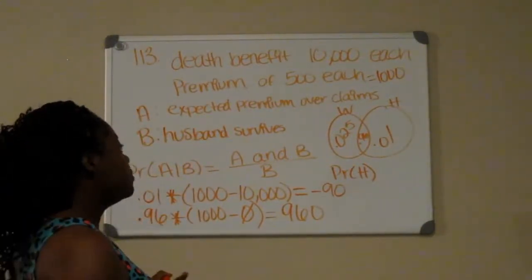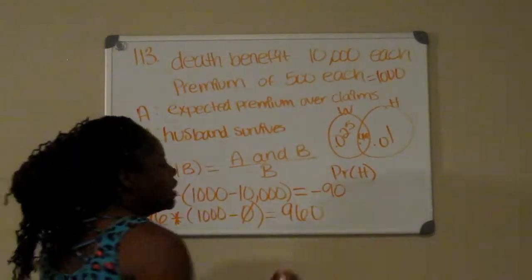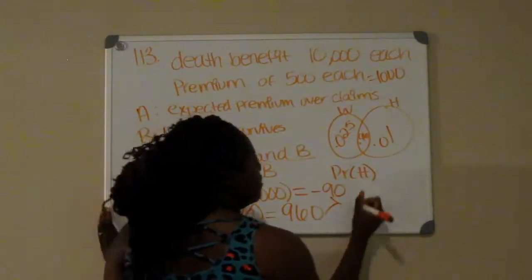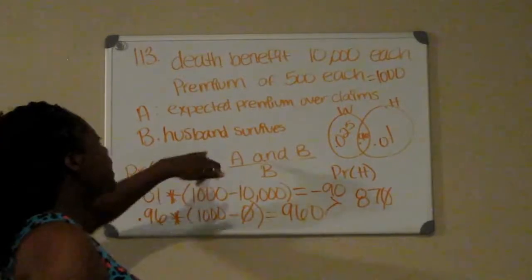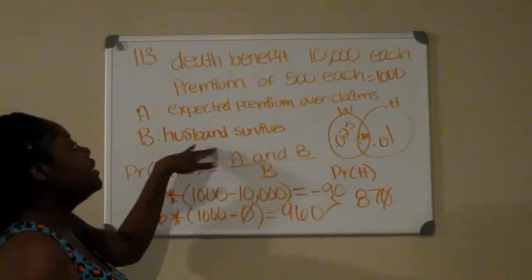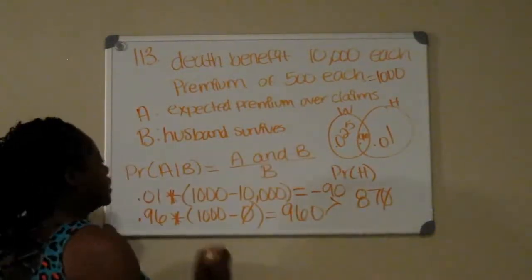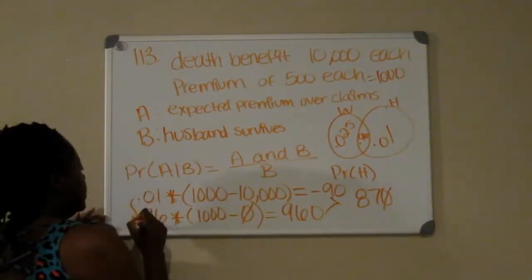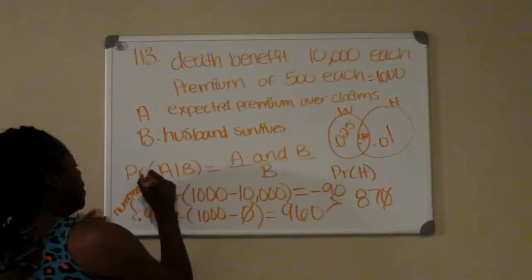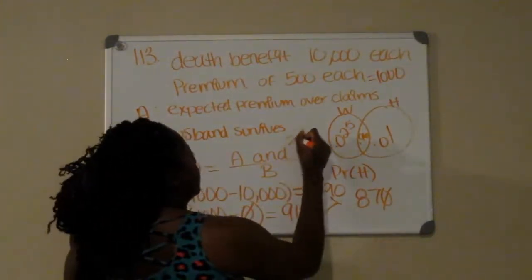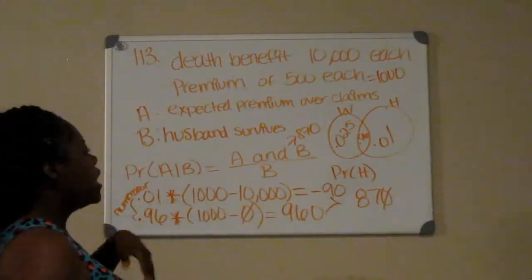Now, why is this not your answer choice? Because we didn't finish the problem. Here we added our different scenarios together to give you 870. But it's a given problem, given that the husband survives. So we got our A and B, which is our top portion here. This satisfies the numerator. But now we have to find the denominator, which is the probability that the husband survives.